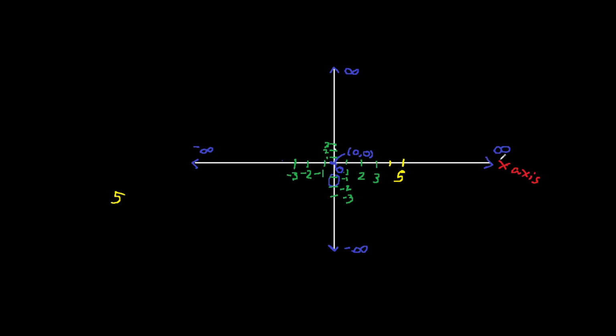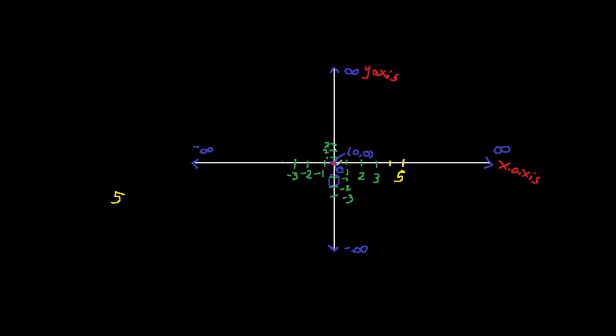The number line that goes from top to bottom is typically called the y-axis.